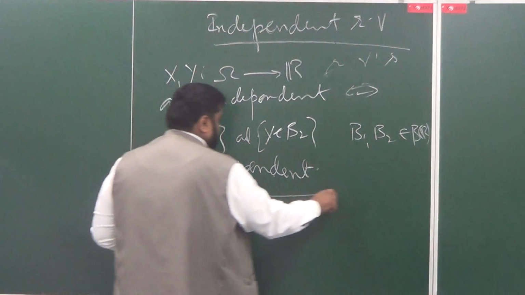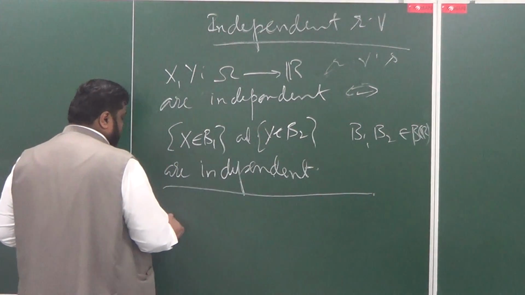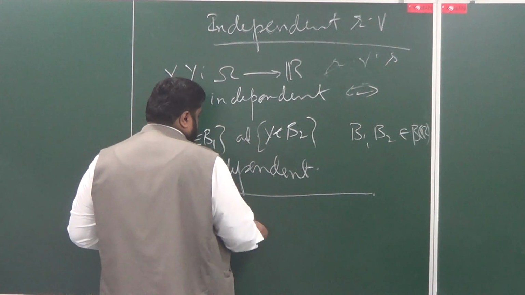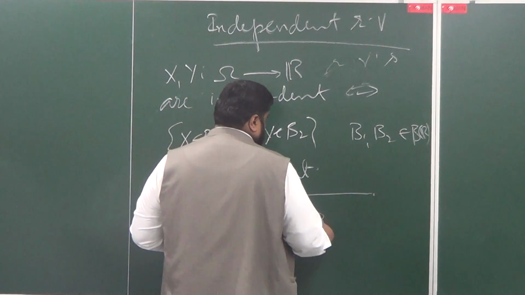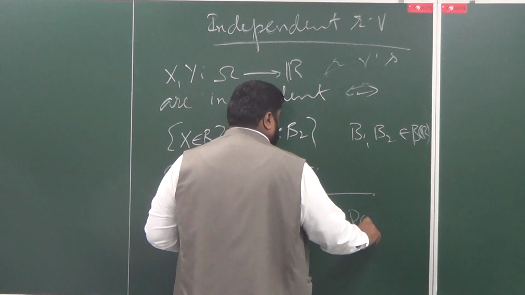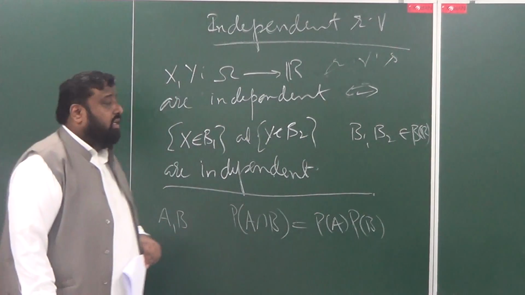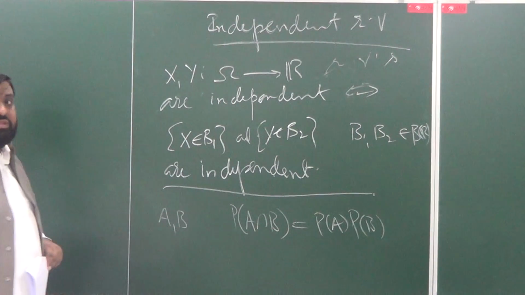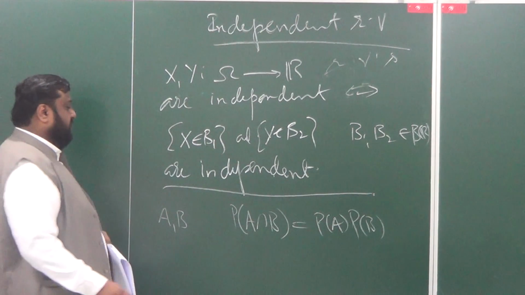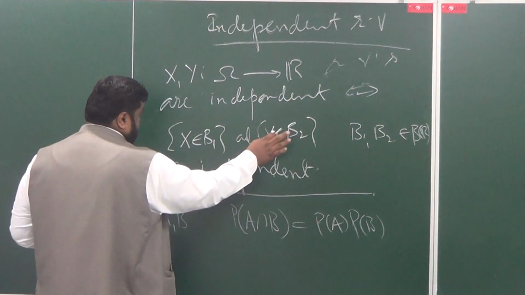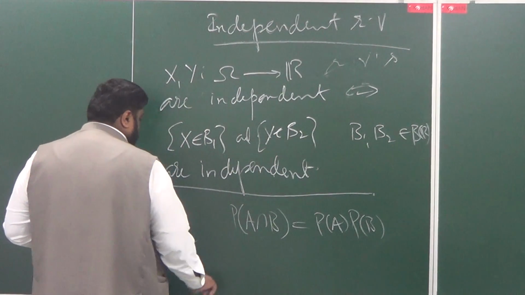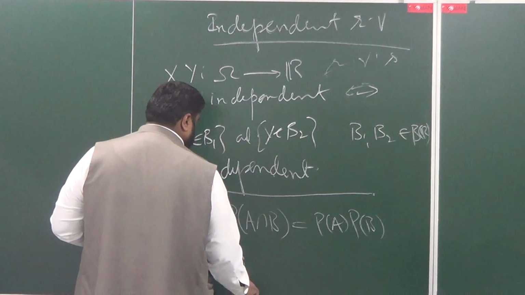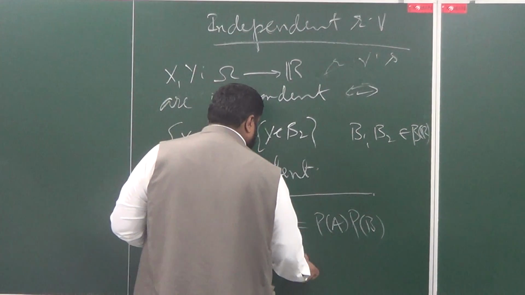What do you mean by that? So we know two events are independent if the probability of the intersection is the probability of A times the probability of B, something standard. Using this, I can define independence of two random variables. Take any two Borel sets and consider the collection of those omegas for which X of omega is in B1.